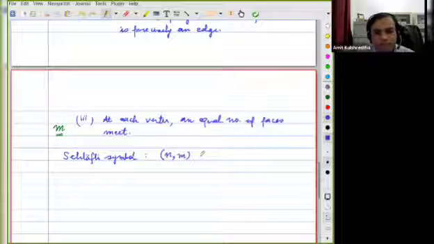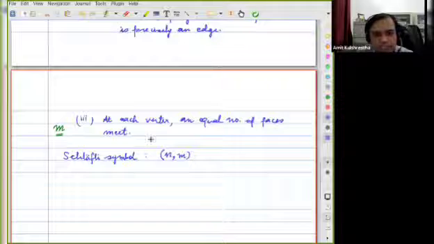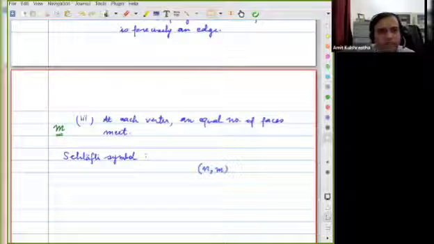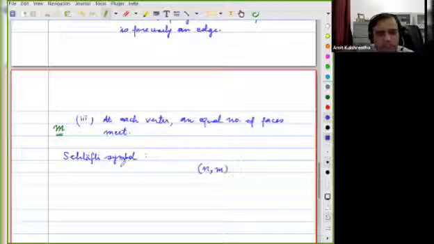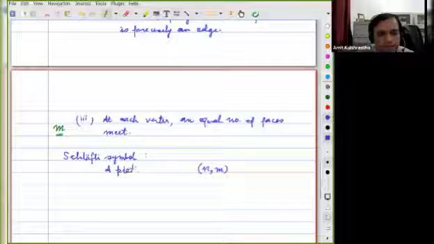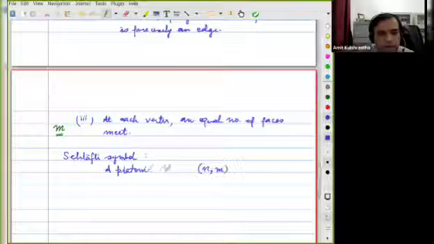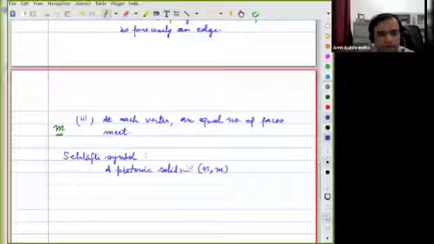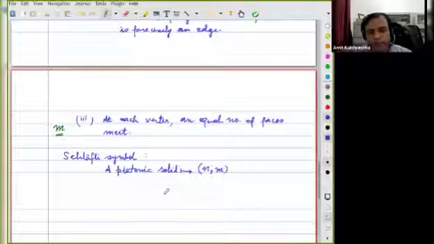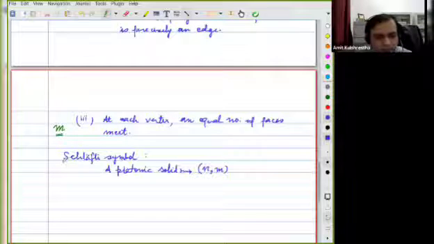To each platonic solid, I associate this number, which tells you which n-gon it is, and at each vertex, how many faces are meeting. So given the platonic solid, I would associate this number. Is that fine?